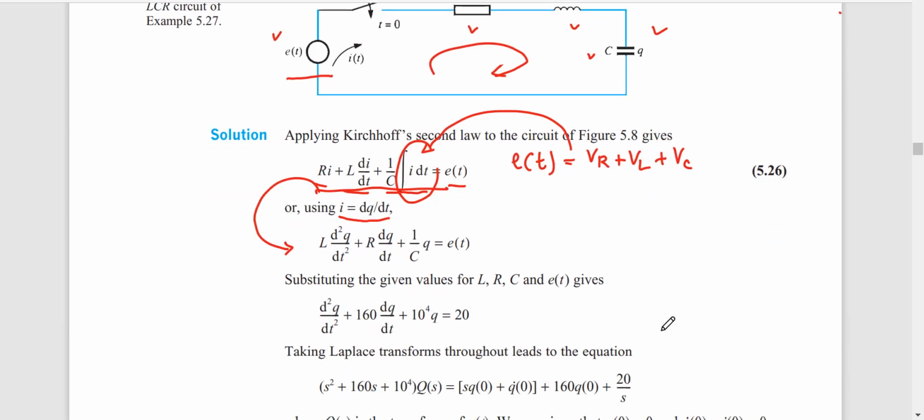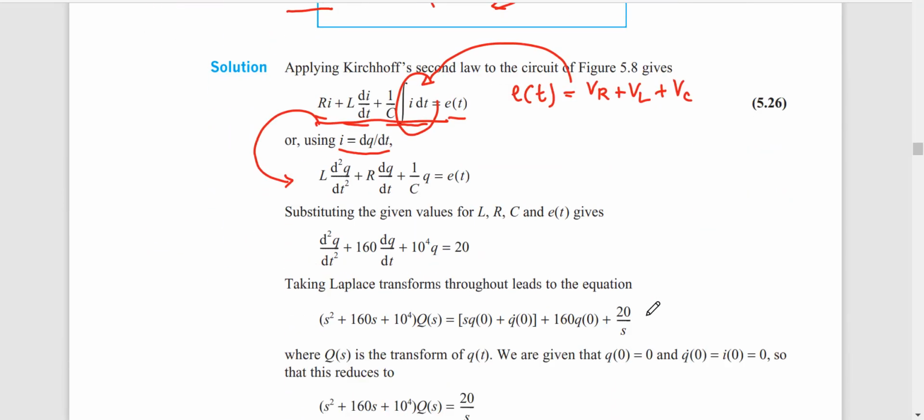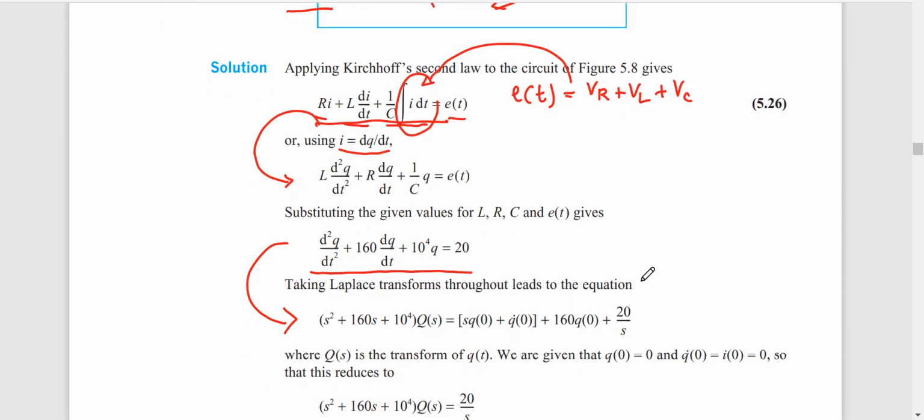And then we substitute the values of L, R, C, and E(t). L is 1 henry, R is 160, and C is 10 to the power of minus 4 farad. So we have these equations. Okay, so from this equation we take a Laplace transform of the differentials: s squared plus 160s plus 10 to the power of minus 4 times Q(s).